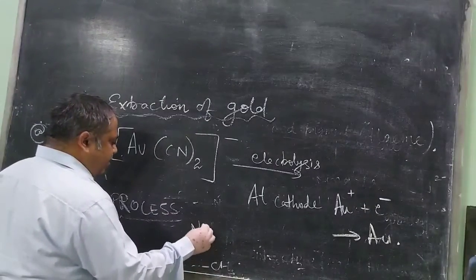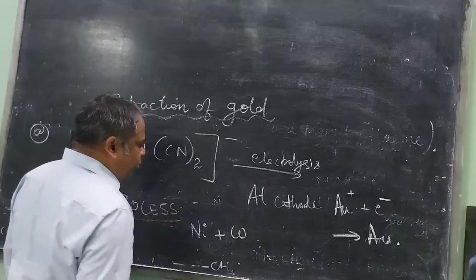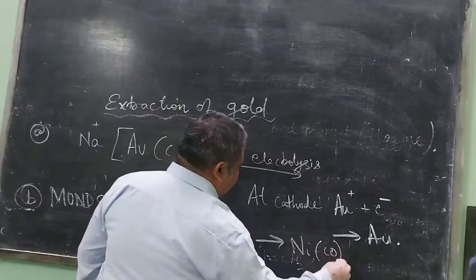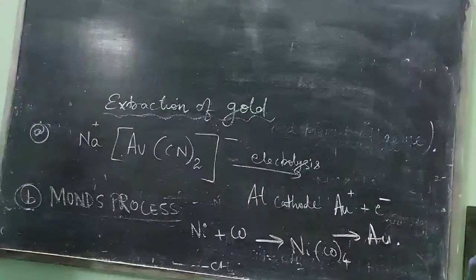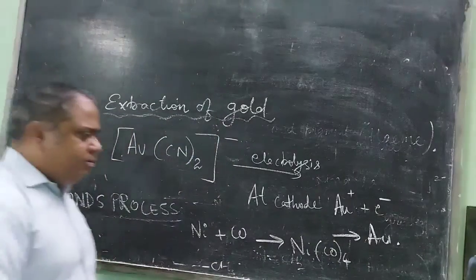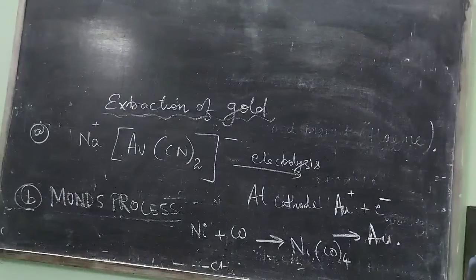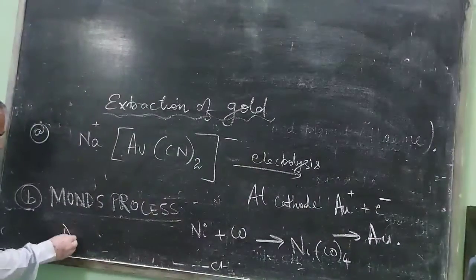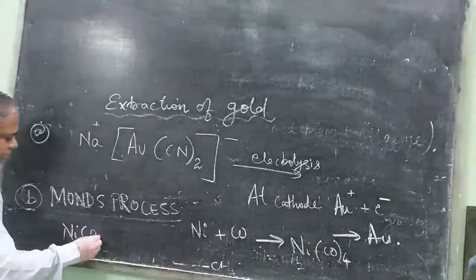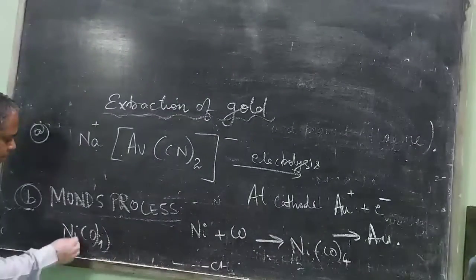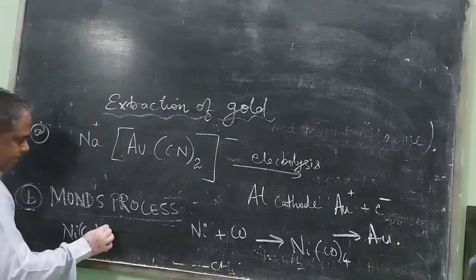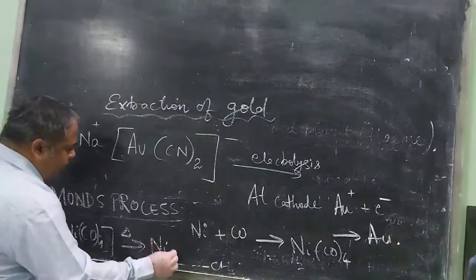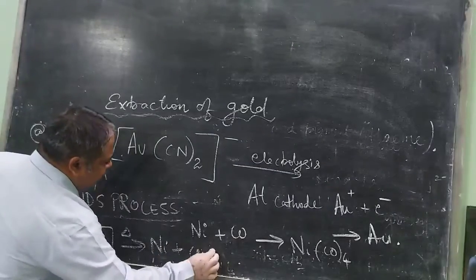Say nickel is there. Nickel is made to react with carbon monoxide. It forms tetracarbonyl nickel. Now tetracarbonyl nickel is heated, and since it is a thermally unstable molecule, we get pure nickel and CO gas evolves out.